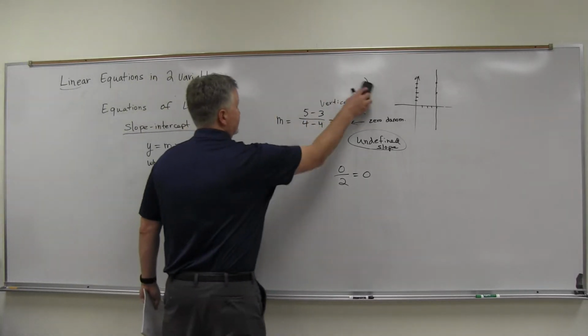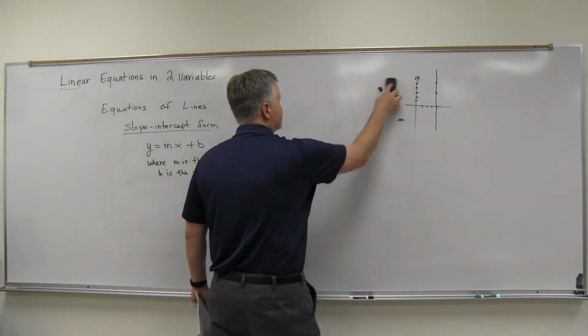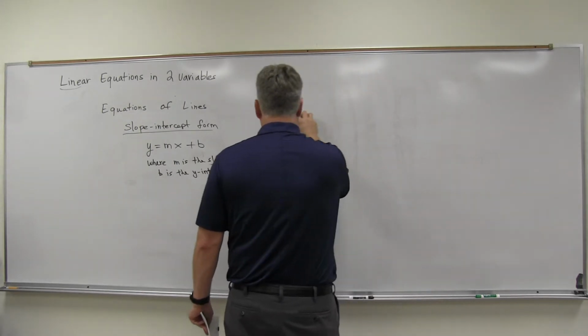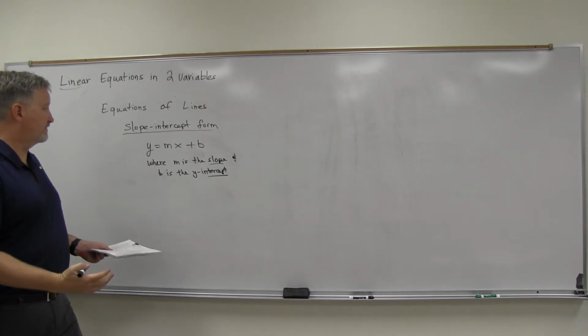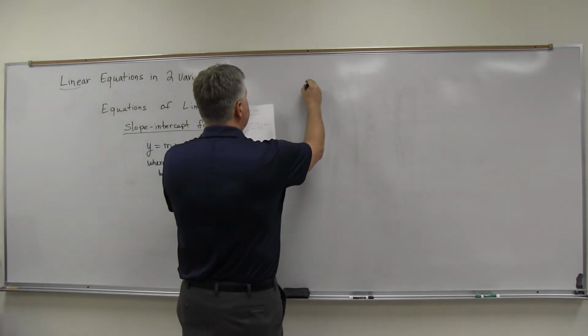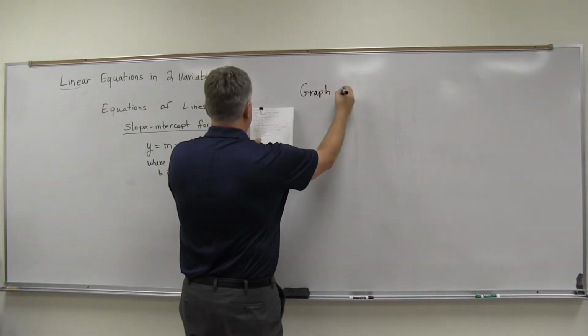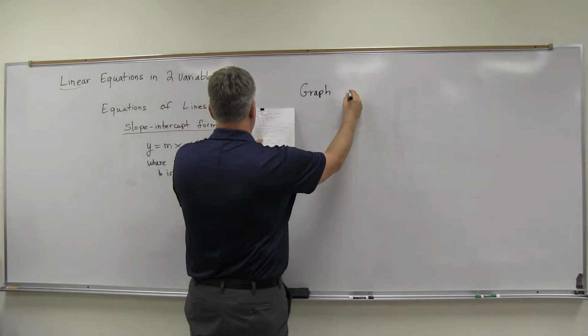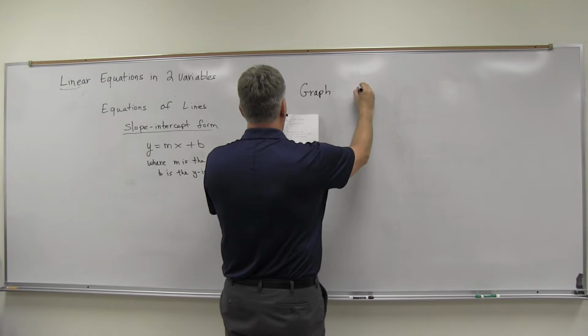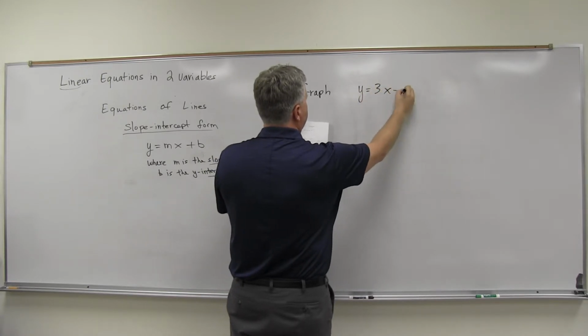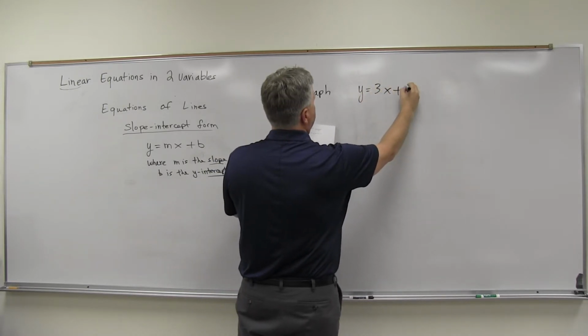So that gives us a way of graphing lines fairly easily. If I've got y equals mx plus b, the graph of that line is not terribly difficult to do. So let's say I've got to graph y equals 3x plus 5.